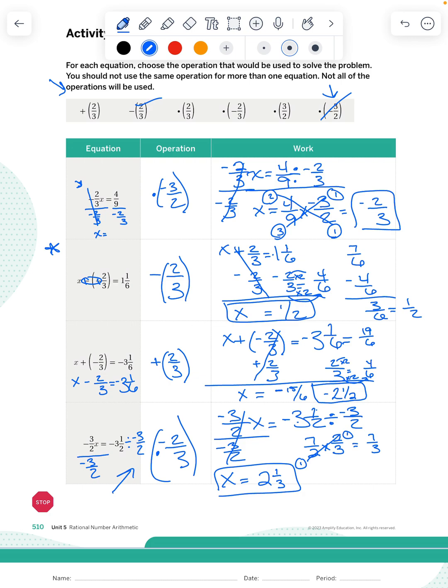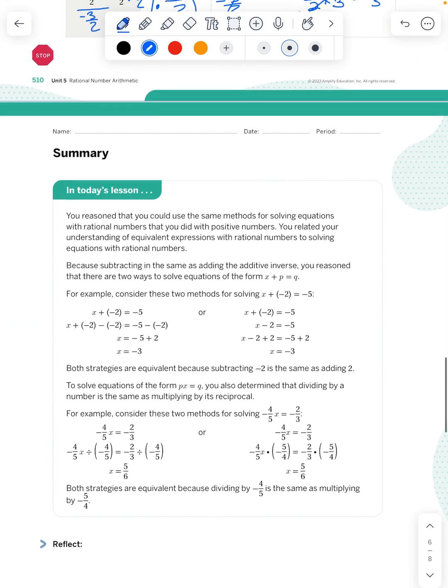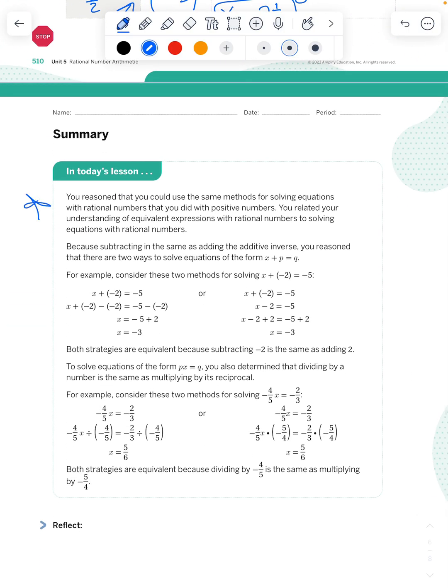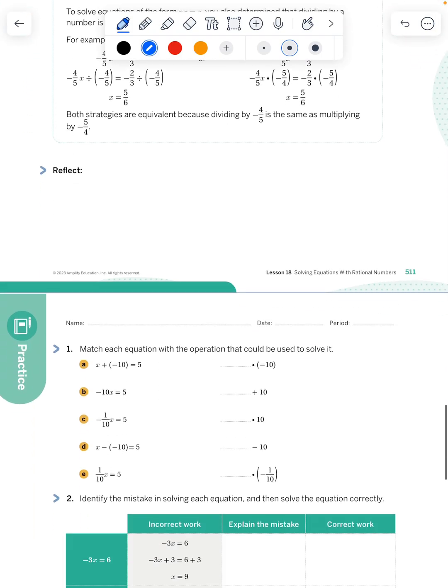I hope that you are starting to understand how to solve these equations by using the inverse operation. Okay, here is what I would like for you to do. I would like for you to read the summary for understanding.